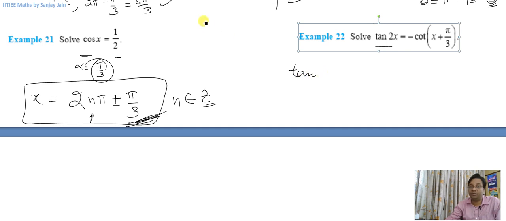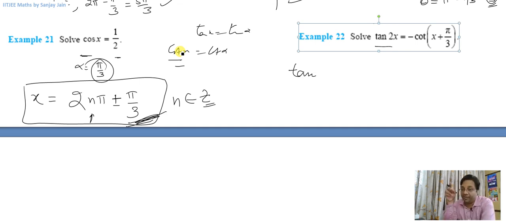So for example, I know the formula for tan x equal to tan alpha, right? Even if I get cot x equal to cot alpha, what I can take is their reciprocals. But I need to take care that the solution that I get, I need to match it with the original question. For example, if you take the reciprocal and make a new equation, and you get a solution, but if you put that in the original equation, that gives a value which is not defined, then that cannot be accepted as our solution.